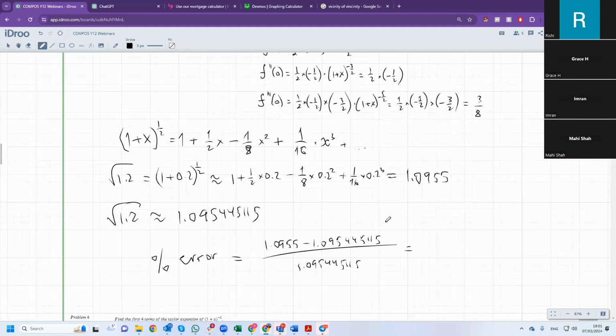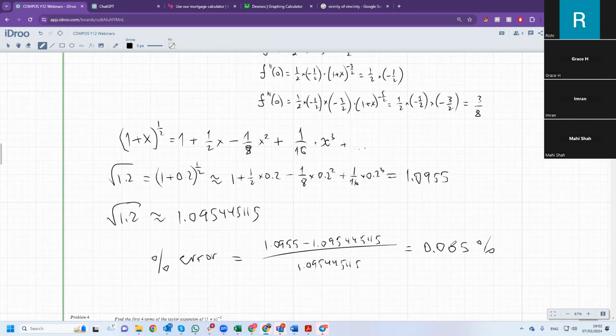So 1.0955 minus the answer divided by the square root of 1.2 times 100, and that gives us 0.005% error.